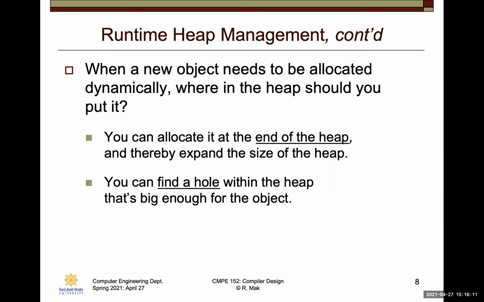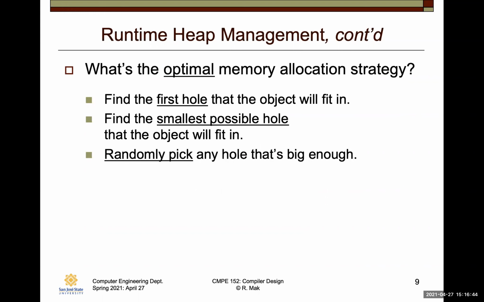So if the heap manager says, I'm going to try to not grow the heap unless necessary, then whenever there's a request to allocate blocks for a new object, it's going to look for a hole to put that object in. And for finding that hole, there are several algorithms, and if you're taking 142 from me, you've already explored these algorithms.